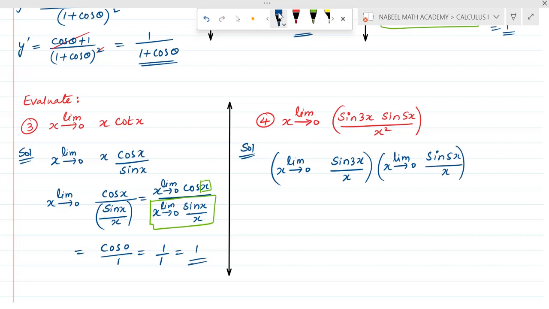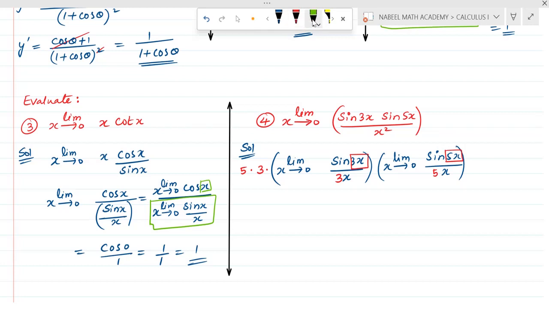But we cannot use the rule. Why? The same term should be there. Here 3x, it should be 3x here. So if you divide by 3x, I have to multiply by 3. Similarly, here you have 5x, but in the denominator only x. I have to divide by 5, so therefore you have to multiply by 5 here.